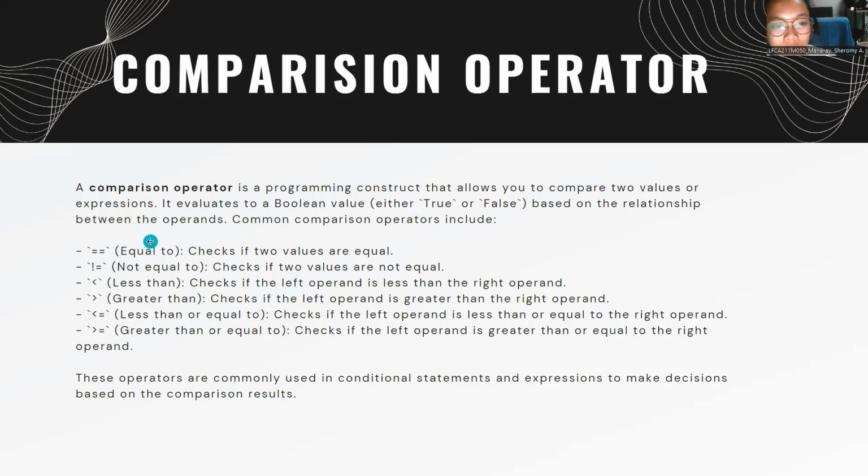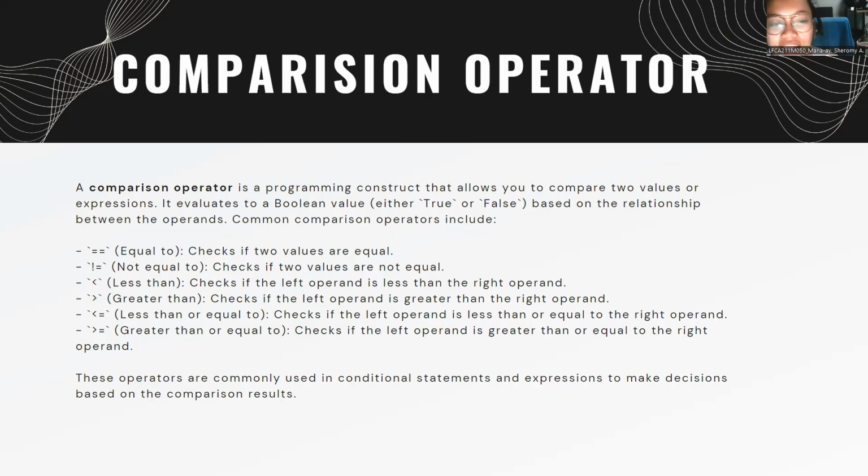Sa equal to, i-check niya kung two values are equal. Sa not equal to naman, syempre i-check niya kung two or more values are not equal. And less than, i-check niya kung mas mababa ba si A kaysa kay B, or si B mas mababa kay A. Let's just say, example ng less than is A equals 5, then B equals 10.